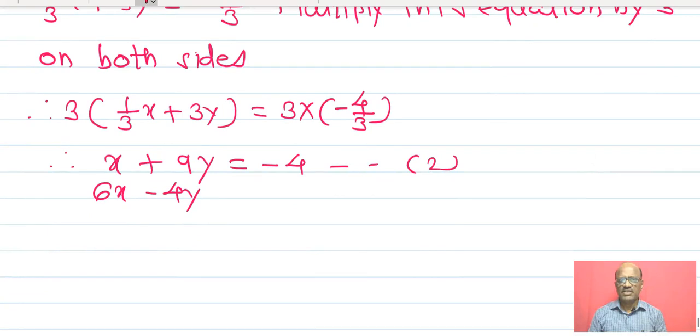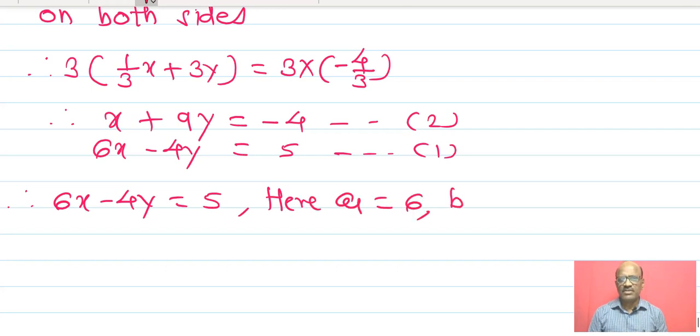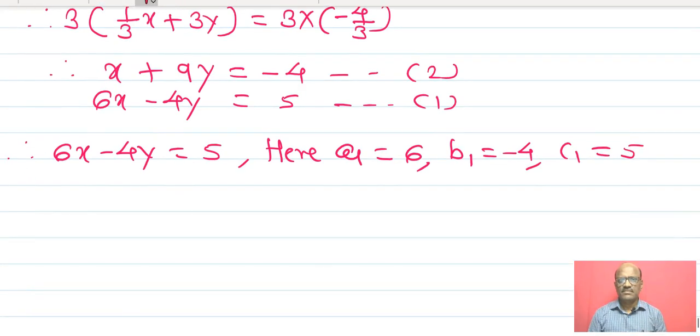Therefore, 6x minus 4y is 5. This is equation number 1. Now solve this. That is 6x minus 4y is equal to 5. Here a1 is 6, b1 is minus 4, c1 is 5. x plus 9y is equal to minus 4.